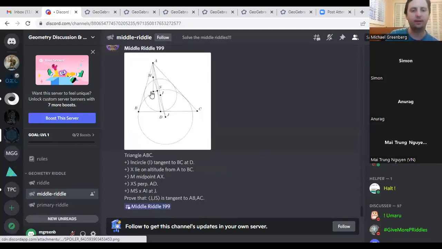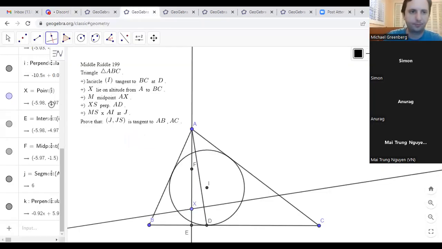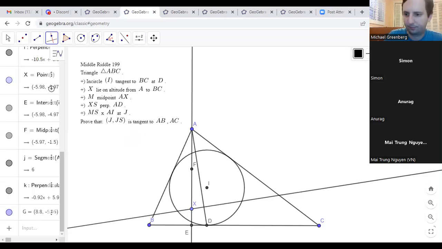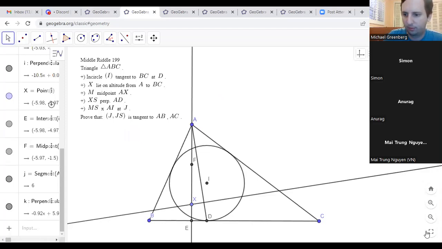Yeah, X isn't necessarily the foot of the altitude. Okay, so S is just the perpendicular. That's what I thought. Okay. And then let me make it bigger. Sorry, I'm trying to make it bigger. It's having some trouble.